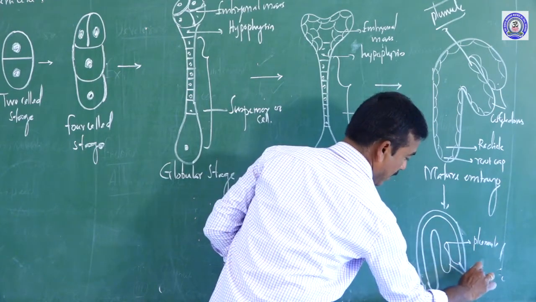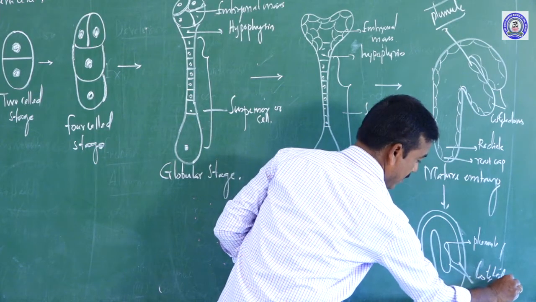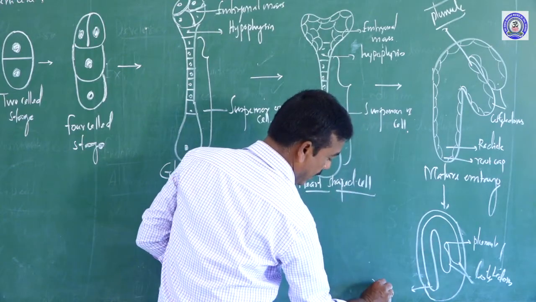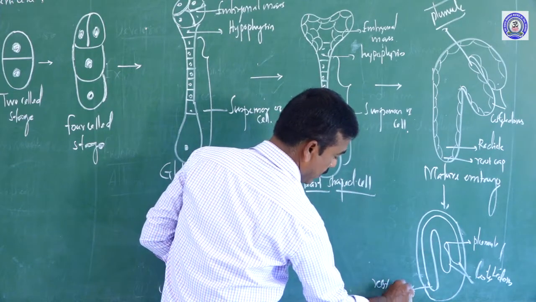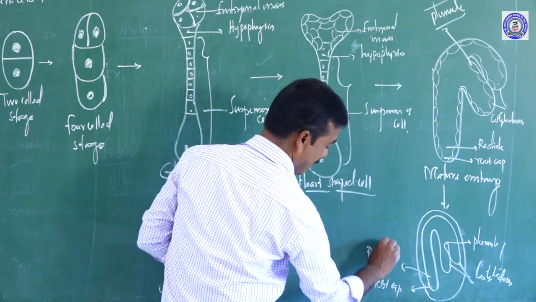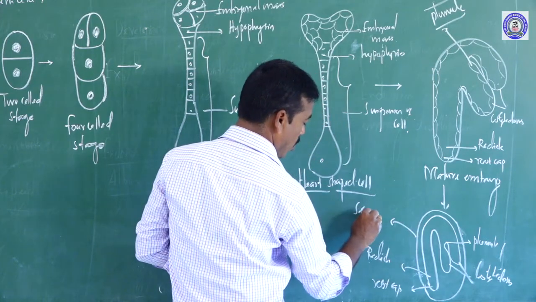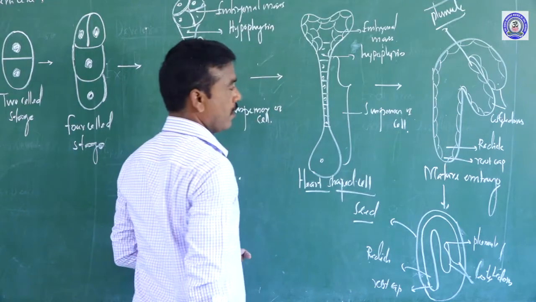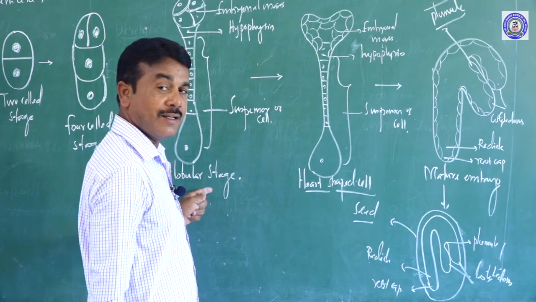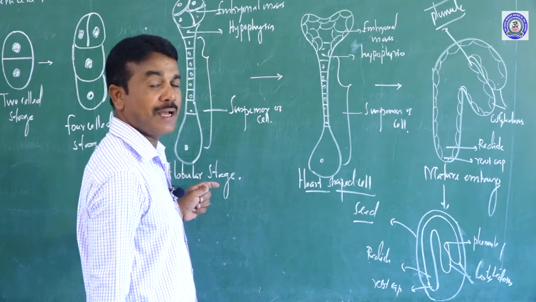These two are the cotyledons. This is the root cap. This is the radicle. This is the seed coat. So these are the events that occur up to the mature embryo of Capsella bursa-pastoris.